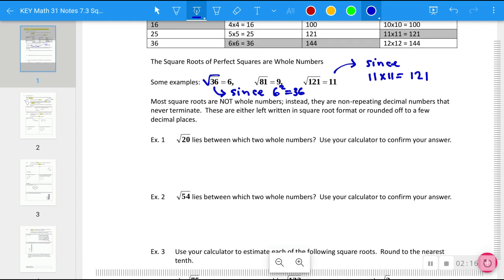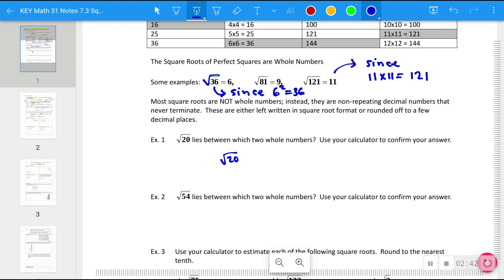For instance, the square root of 20 is not so friendly. We know that 3 times 3 won't give 20, it's too low. 4 times 4 likewise is too low. But when you get to 5 times 5, you know you've overshot it, since that's 25 and is bigger than 20. So the square root of 20 lies between 4 and 5. 4 times 4 is too low, 5 times 5 is too high.